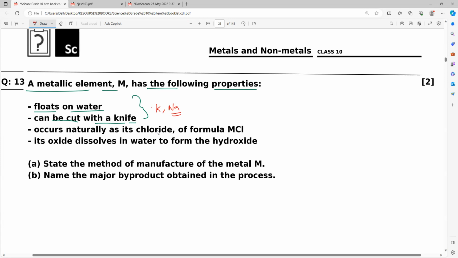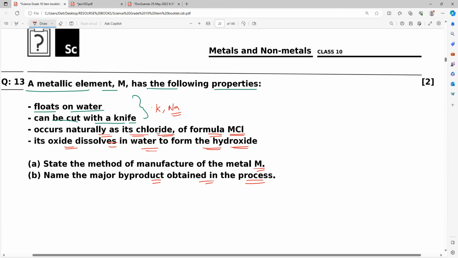Next. Occurs naturally as its chlorides of formula MCl. Its oxide dissolves in water to form the hydroxide. State the method of manufacture of the metal M. Name the major byproduct obtained in the process.